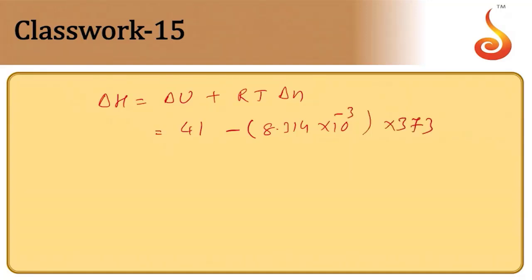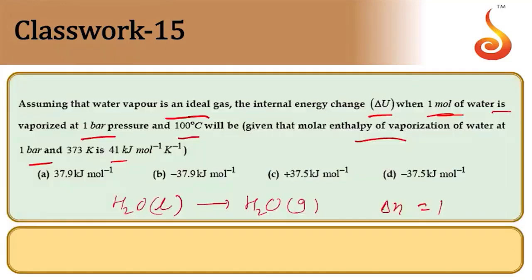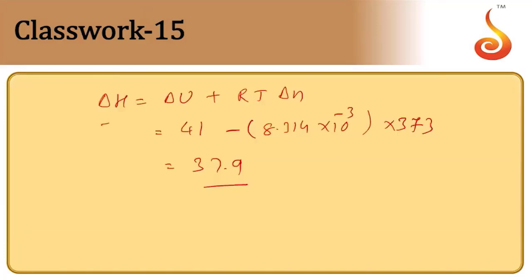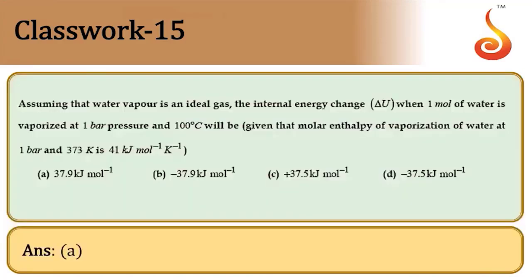Simplifying this, we get 37.9. The option is option A. We found the delta n value and used the formula delta H equal to delta U plus RT delta n.